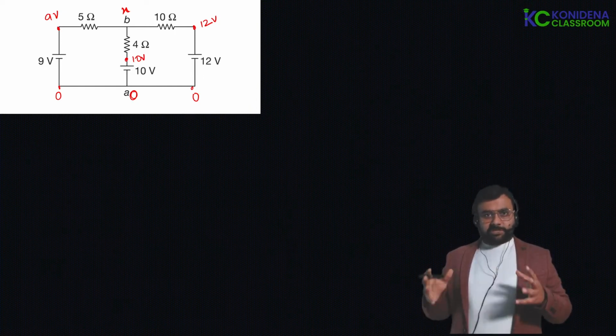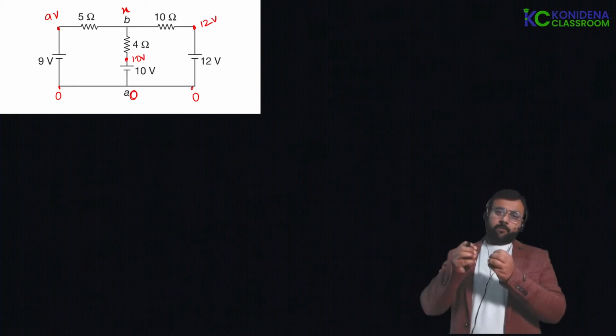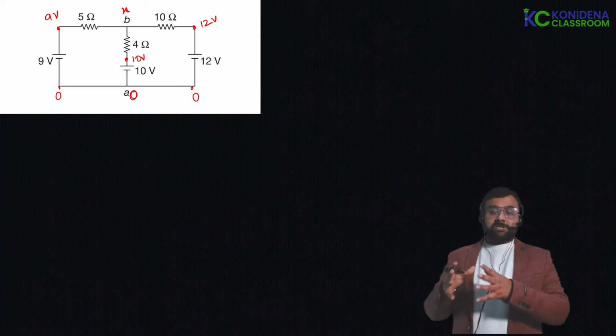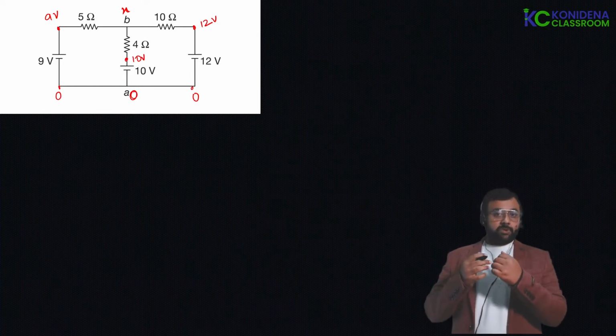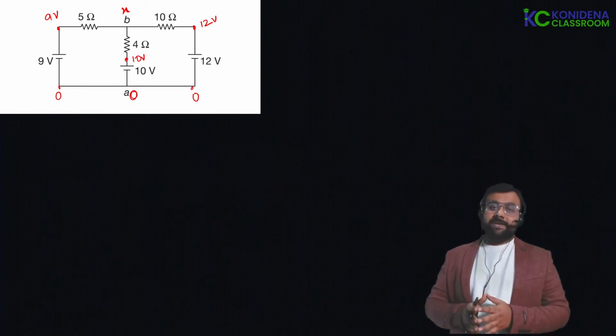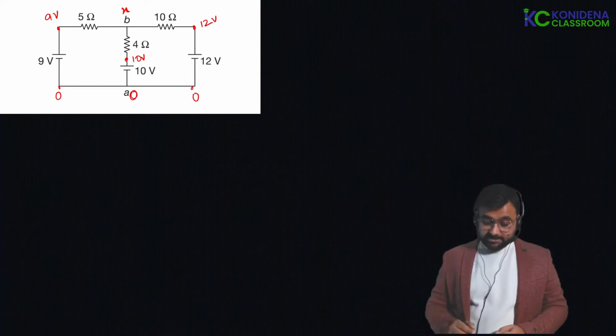But we have to assume here that X is at the highest potential. Highest potential means current will flow from that point in all possible directions, and we will use the junction law. We will say that there is no storage of current at the junction, so the net current at junction B is 0, and we will get the value of X. Okay, how? Let us see.